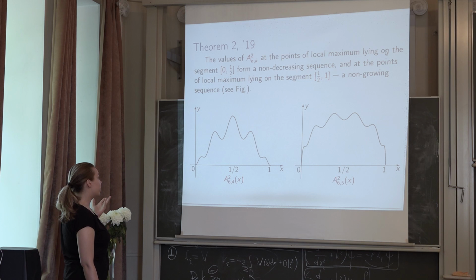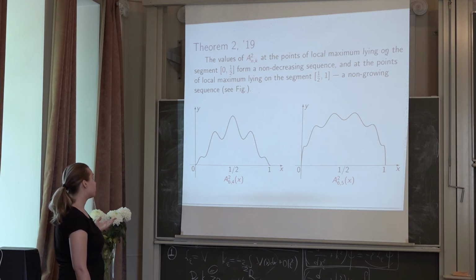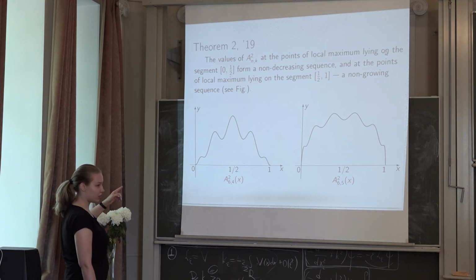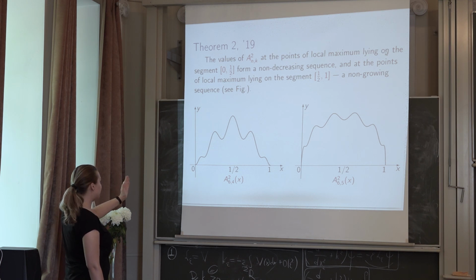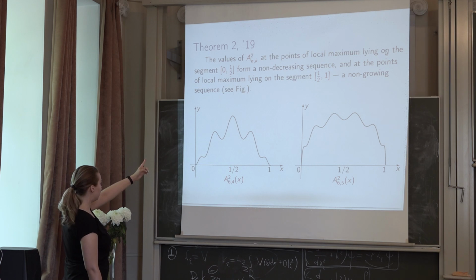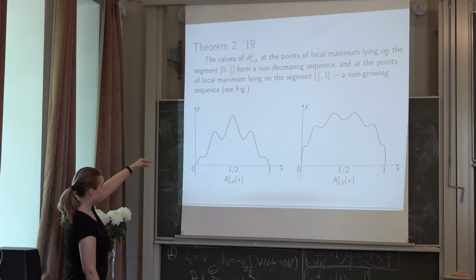It states that the values of a_nk squared at the points of local maximum lying on the segment 0, 1/2 form a non-decreasing sequence, and at the points of local maximum lying on the segment 1/2, 1, a non-growing sequence. As you can see in the picture, we start at 0, and then the first maximum, the next one is much more. At 1/2, now it's even k, so it's a local maximum and it's the biggest, and then it's decreasing.